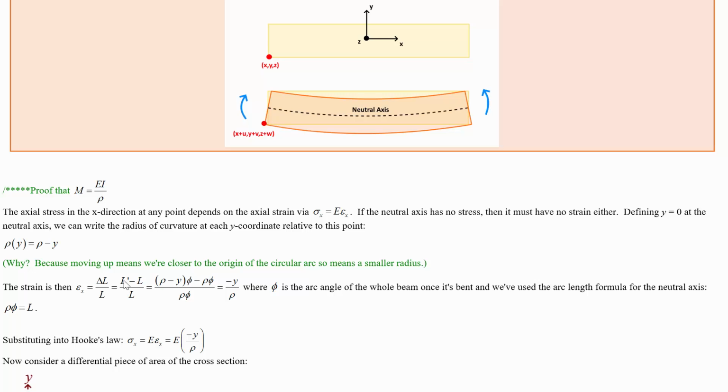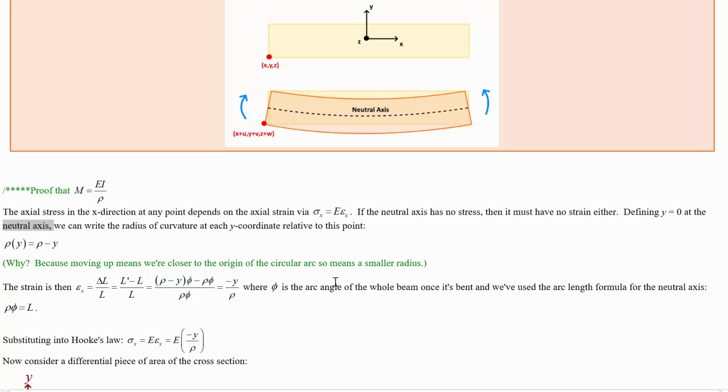The new length will be the new radius, rho minus y, whether y is positive or negative, times phi, the angle. Whereas the original length is the original radius times phi, the radius wherever the neutral axis is. Okay, cleaning up, the rho phi cancels, all the phi's cancel, and we've got negative y over rho. All right then.